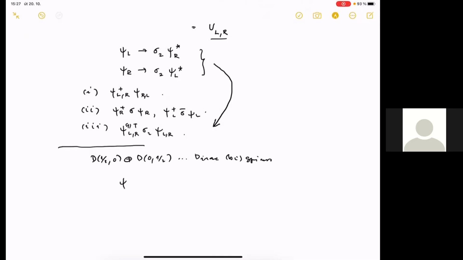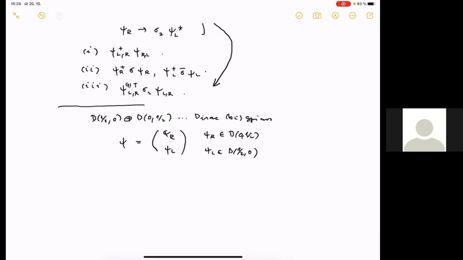Such a Dirac bispinor, in block form, can be written as psi R and psi L, where this psi R is the right-handed spinor and this psi L is the left-handed spinor. And again, in this representation, we can form from these Dirac bispinors various other objects with obvious transformation properties with respect to the Lorentz group, namely the scalars, vectors, and so on.